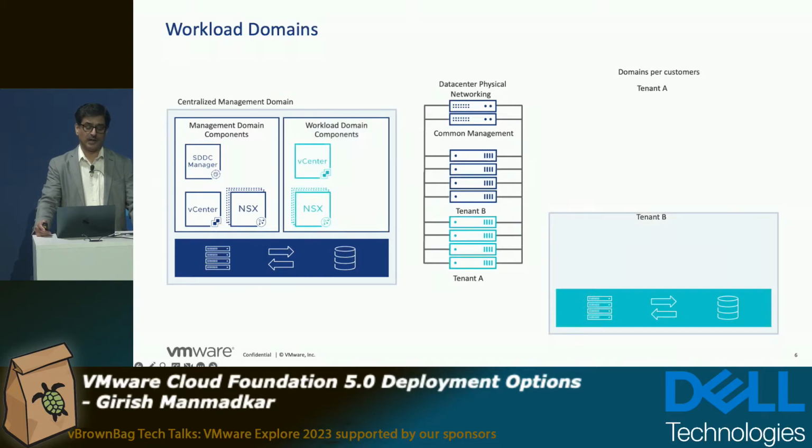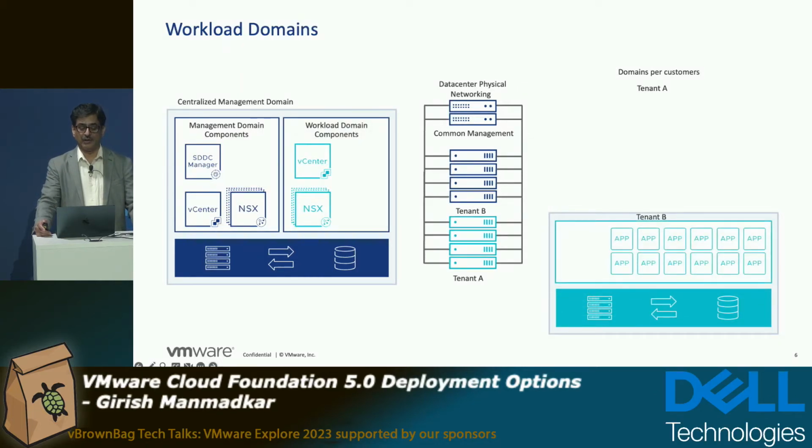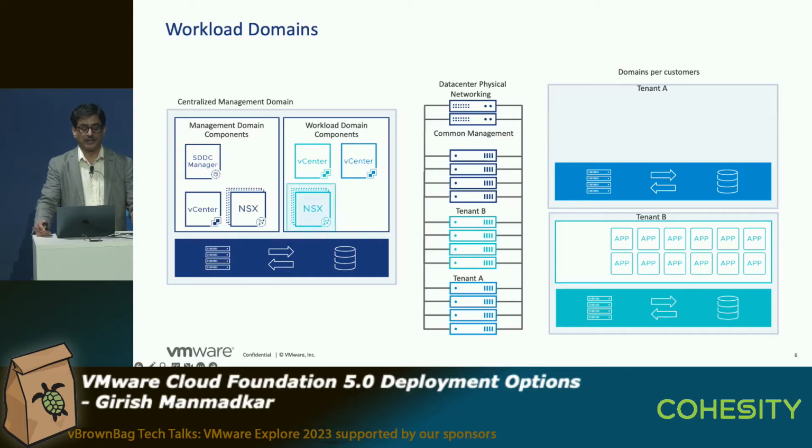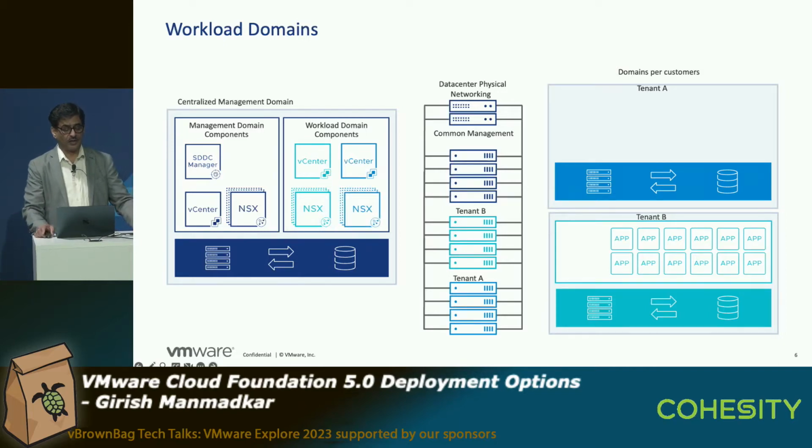Workload domains can be for tenant A or tenant B, essentially giving you an ability to carve out or slice your various infrastructure components to deploy tenant-specific workloads into the Cloud Foundation environment successfully.